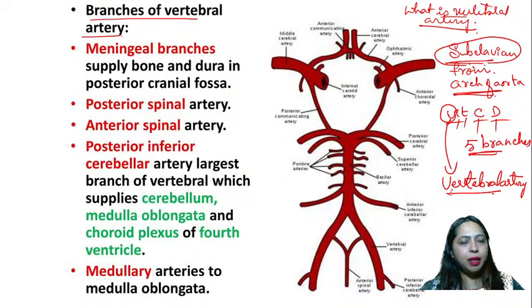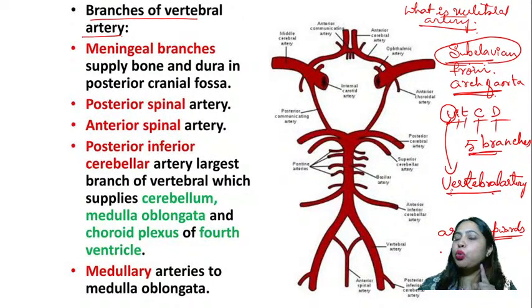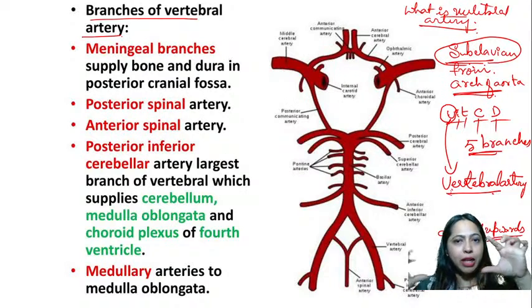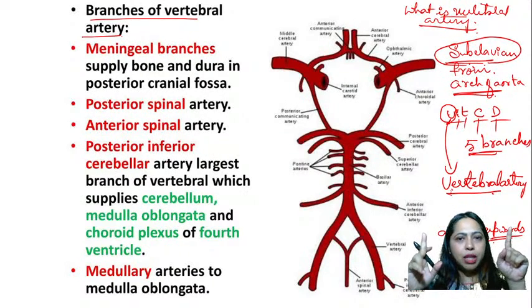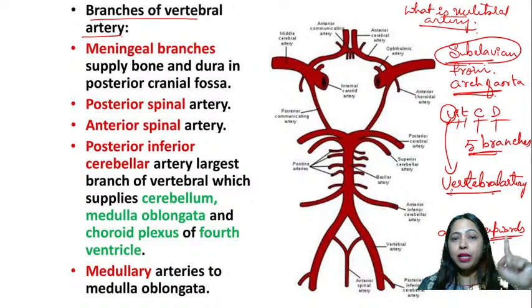This vertebral artery starts to ascend upwards. It passes through the foramen transversarium. All the cervical vertebral transverse processes have a foramen transversarium. It passes through it and continues to ascend upwards. It has 3 parts: a first part, second part, and third part.